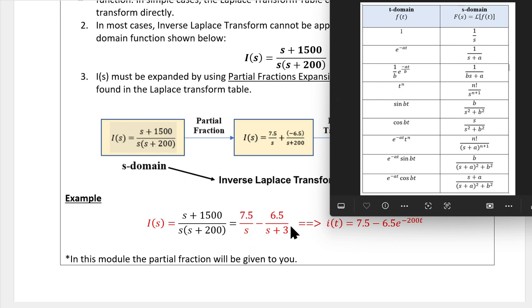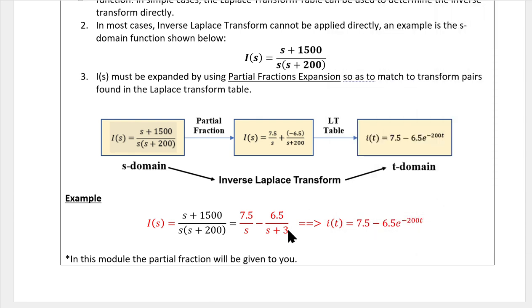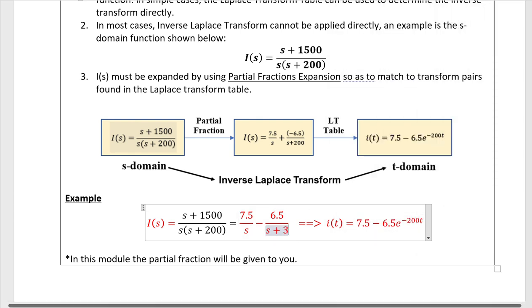We get this. And 6.5 is just a constant. So we just refer to 1 over S plus 3, which is in the S domain. It's similar to this form, 1 over S plus a, where a is 3. Actually, this should be 200, not 3. I made a mistake.